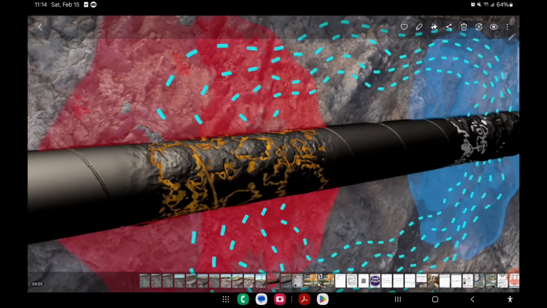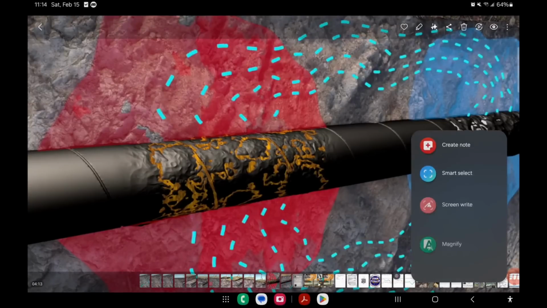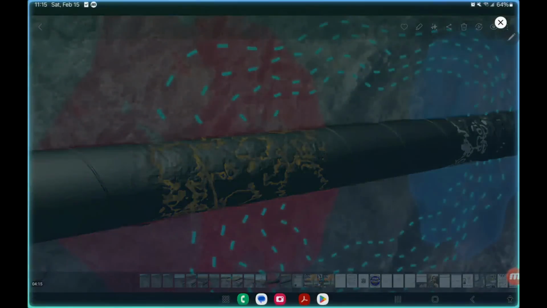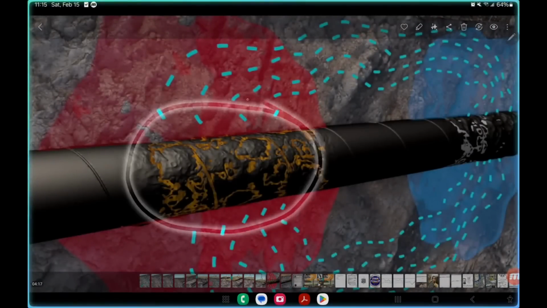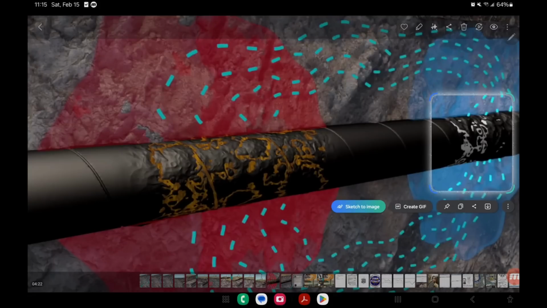This is an image where you can see damage to the covering. Where exactly is it located? We can see the coating damage here, therefore zones will form of both anodic and cathodic.